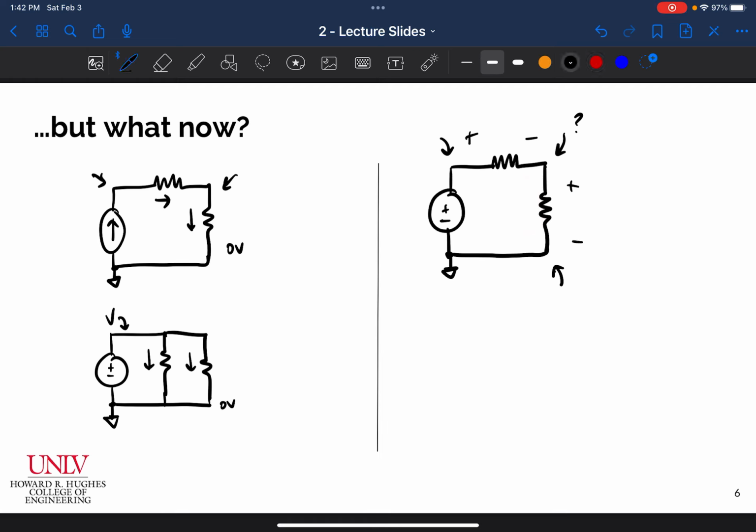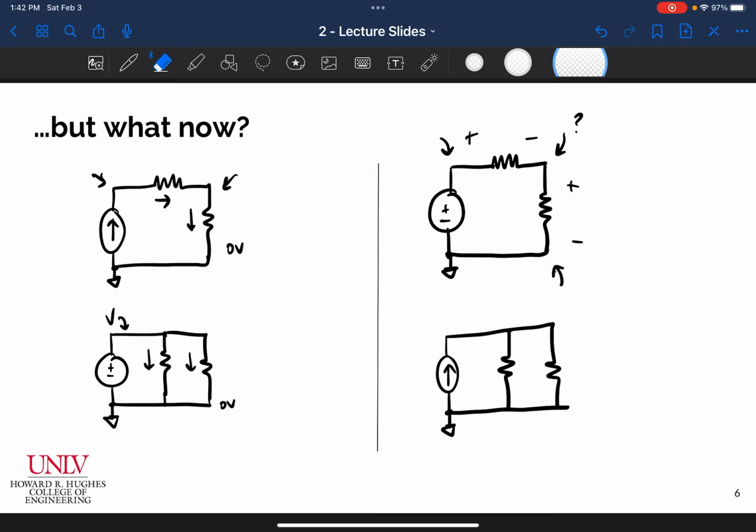And then moving on to the other type of problem, if I have a current source here and my resistors are connected like such. Again, I know my current here, but now I have two possible paths for current to flow. Some current can flow here, some current can flow here.